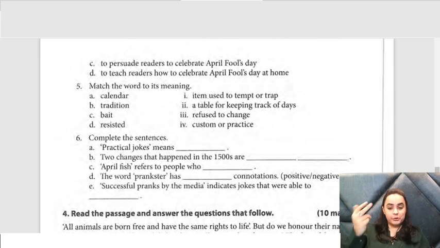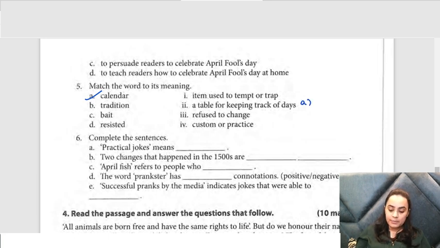Match the following. So you see, there were two types of questions we've answered. The simple question answer type, and then there was a multiple choice question as well. Now is the third type of question wherein you have to match the words to their meanings. So what is the meaning of the word calendar? What is a calendar?